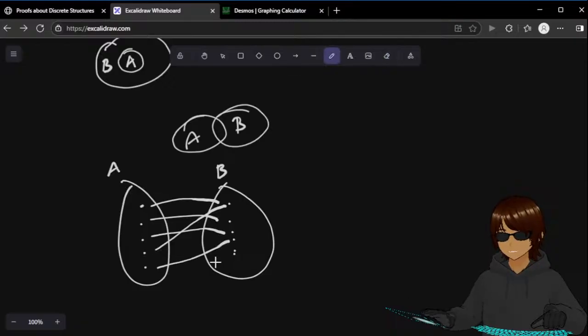What a function cannot do is assign one element to multiple elements in B. But it can do this, however: assign two different inputs to the same output.